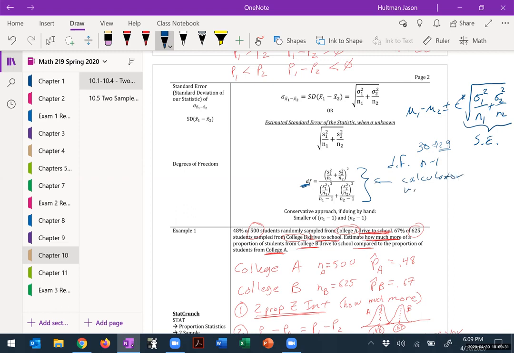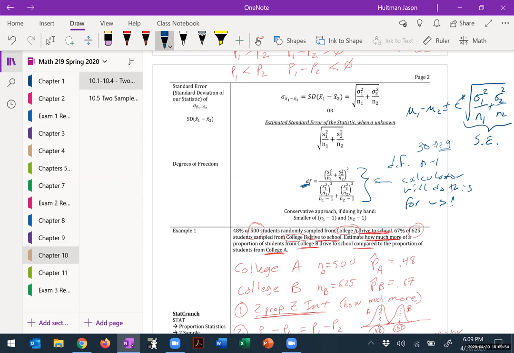We'll let the calculator do this for us. So we're not going to be doing this on our own. We're actually not going to be doing much of anything on our own. We're going to plug in the values that the scenario gives us, and we're going to let the calculator calculate the p-value. That's it, because it's too complicated to sit there.